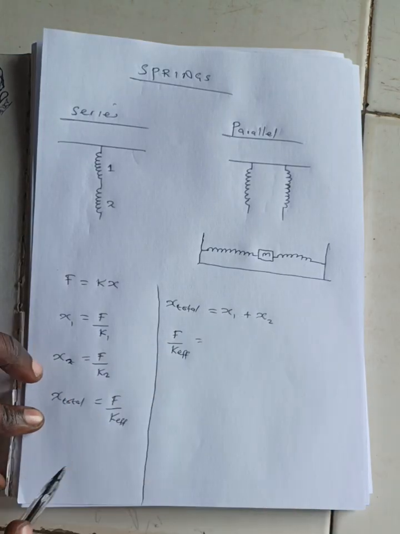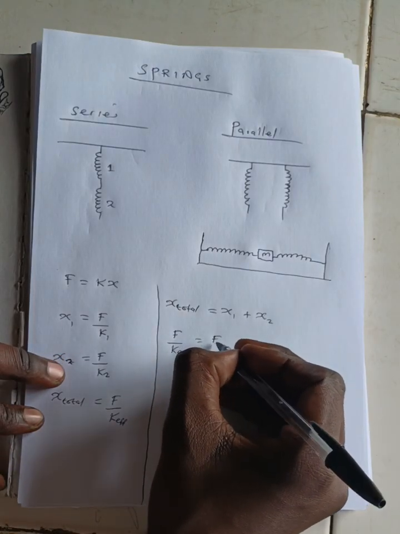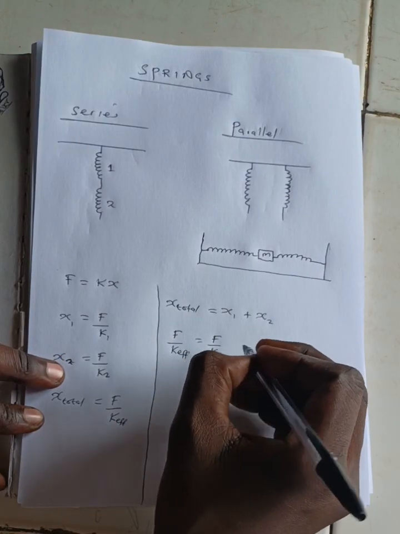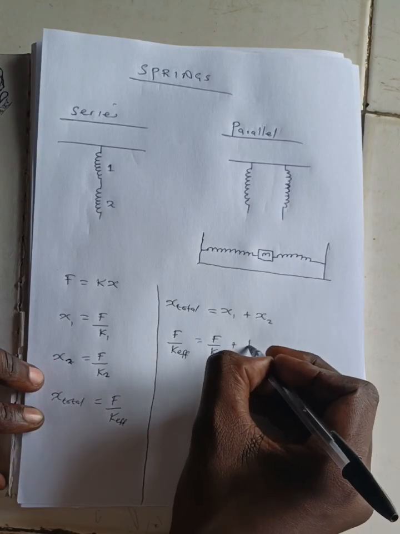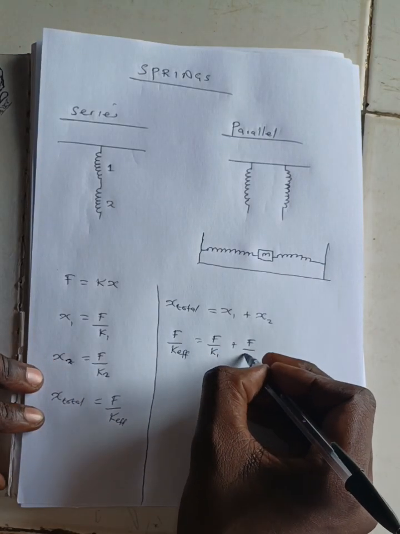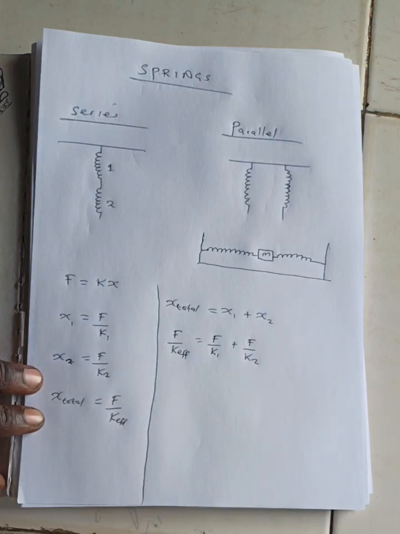This will be equal to our x1, which is F over K1, added to our x2, which is F over K2. So this will be our step.